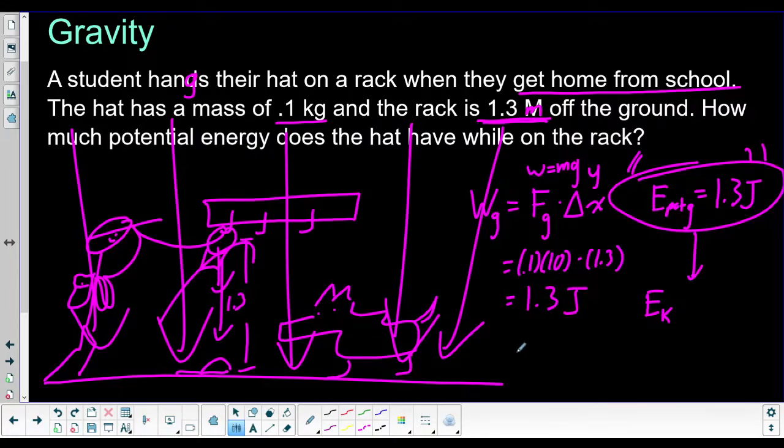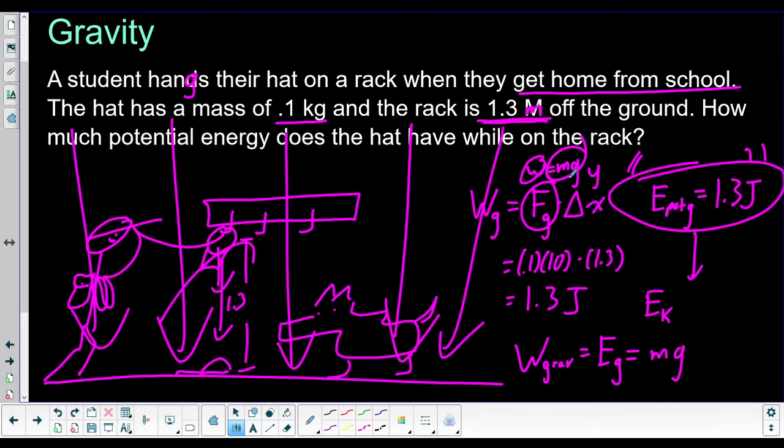So this work done by gravity, which equals our potential energy, is equal to mass times gravity every time, because it's always the force of gravity, which is always weight, which is always mg, times the change in position.